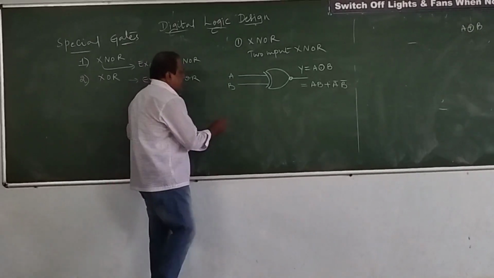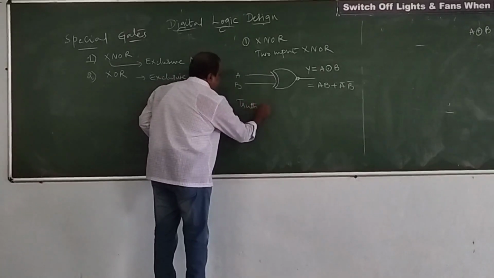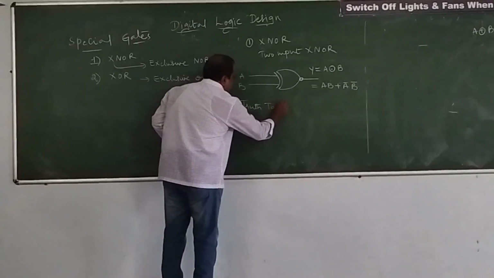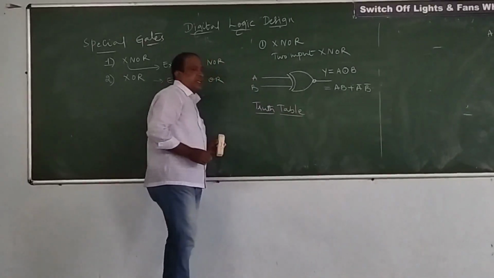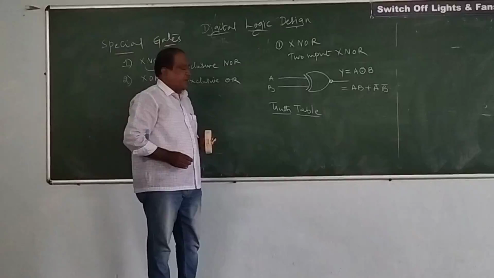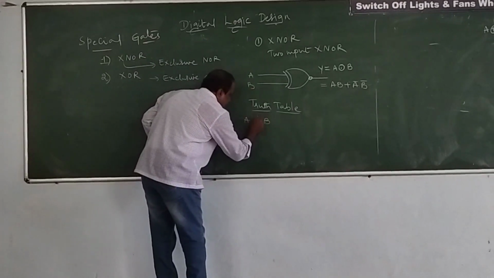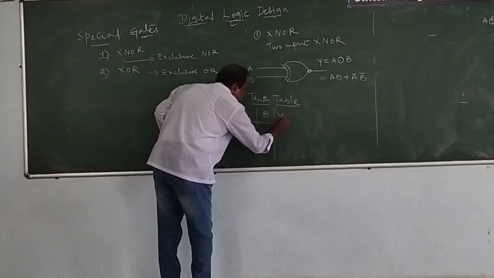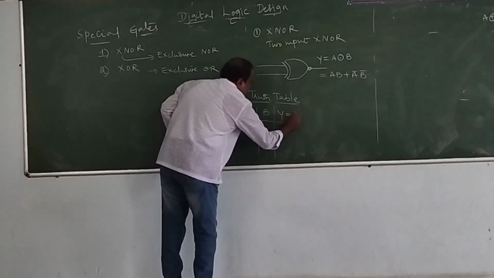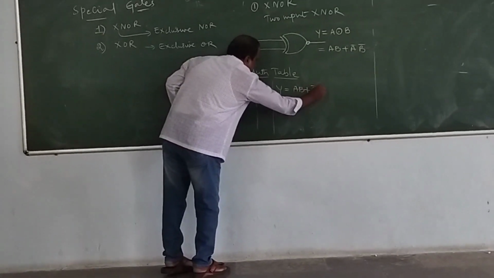Now I build the truth table for this, because the truth table is a very important table in the formation of any logical operation. Here we take A and B, so we get four combinations, with AB plus A complement B complement.